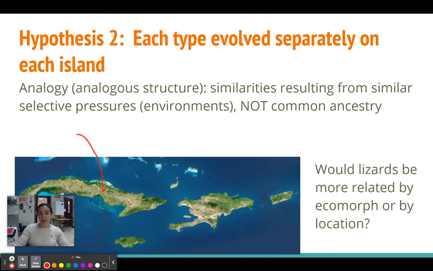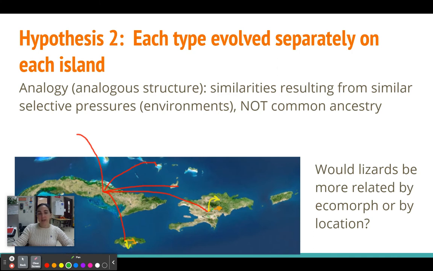The original lizards that arrived on this island kind of spread to all of the islands that we have here. And then on each individual island, because of the different environments there, we had the evolution of one lizard that became long and skinny with short limbs and lived in the trunks. And another one that lived on the twigs and had those super short legs.